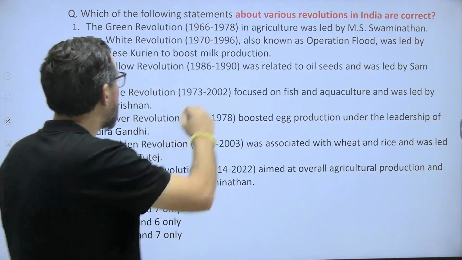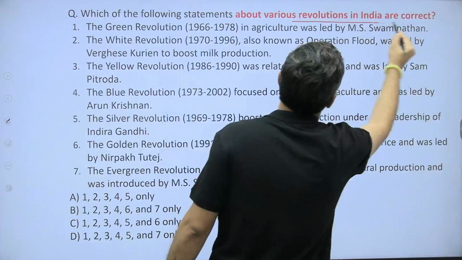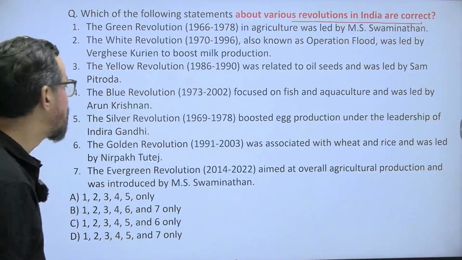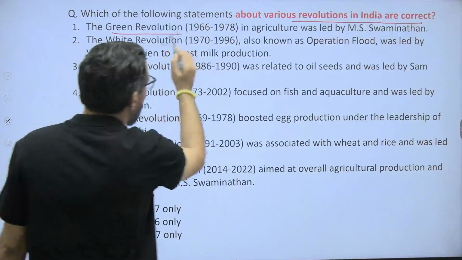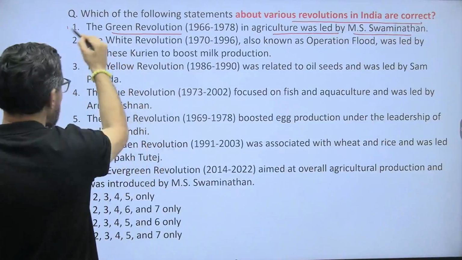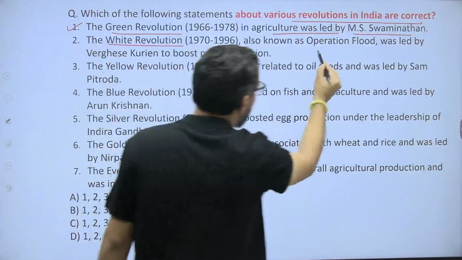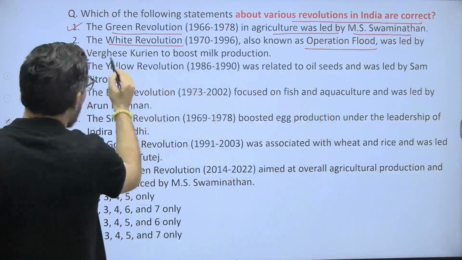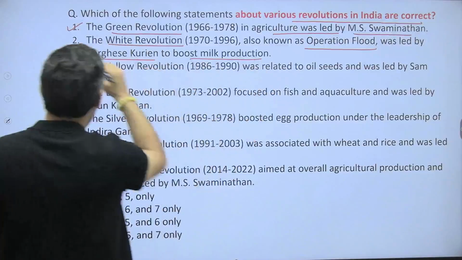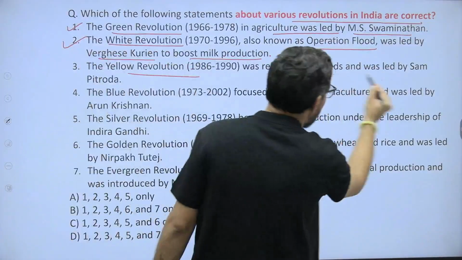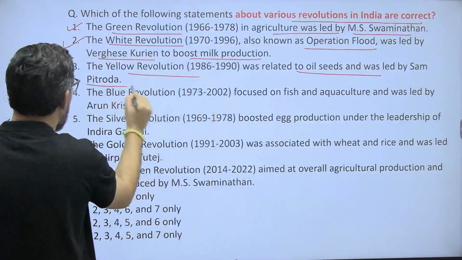Which of the following statements about various revolutions in India are correct? Green Revolution, agriculture, led by MS Swaminathan. White Revolution, also known as Operation Flood, Verghese Kurien, related to milk production. Yellow Revolution, oil seed, developed by Sam Pitroda, right?